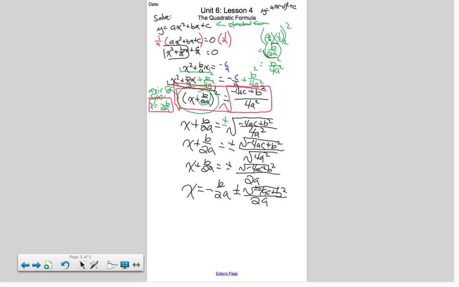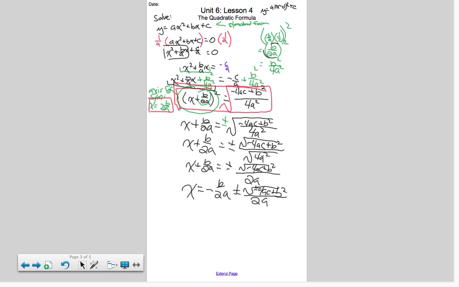Can I simplify what's on the right even more? Yes, they both have a common denominator of 2a, right?